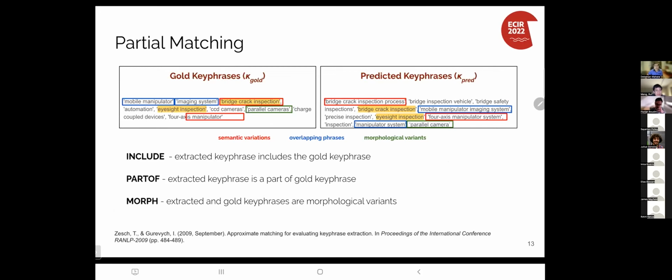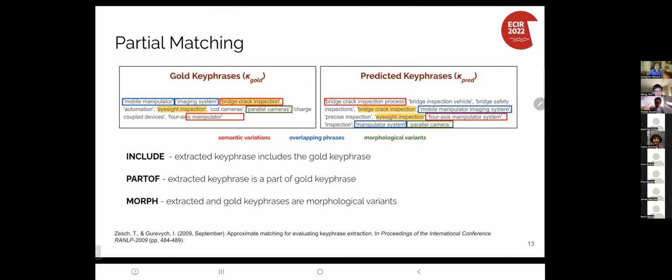So a partial matching scheme was proposed by the referred work, which takes into account all the variations as discussed in the previous slide, except the semantic variations. So the overlapping phrases are taken care of by include and part of. Include is defined when the extracted key phrase includes the gold key phrase. And part of is defined when the extracted key phrase is a part of the golden key phrase.